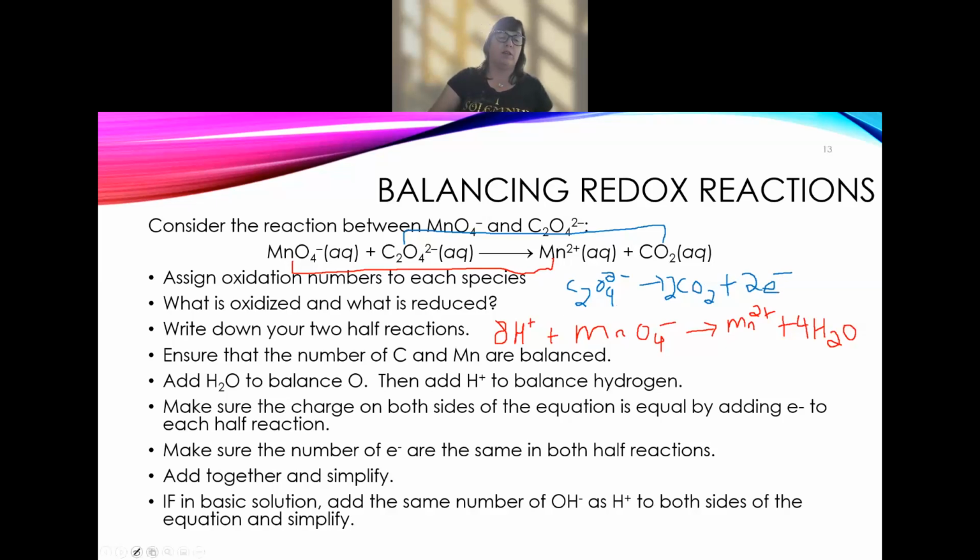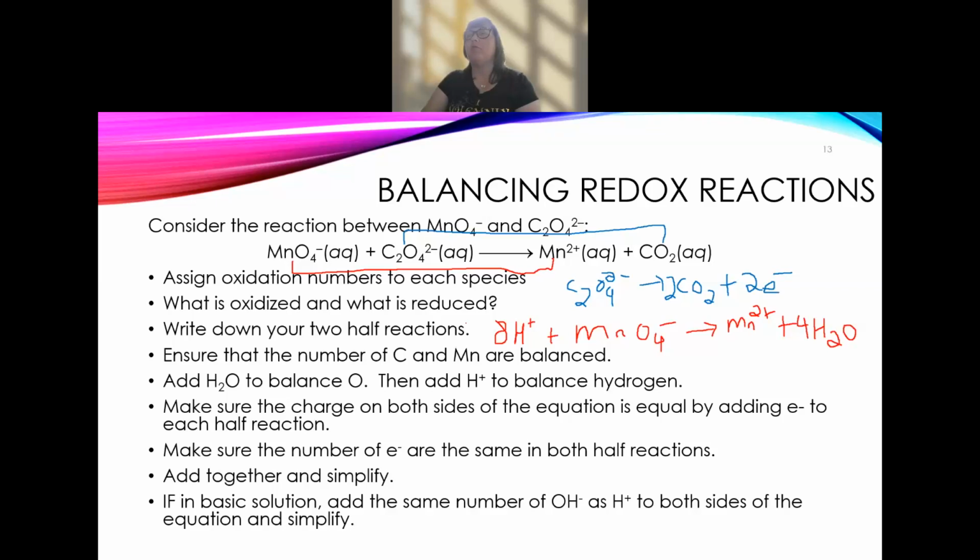Same kind of thing is going to happen when we look at the other half reaction. So again, I have a total of 2 plus on the product side. I have a total of 7 plus currently on the reactant side. And so if I want to make that happen, I need to add 5 electrons to do that.